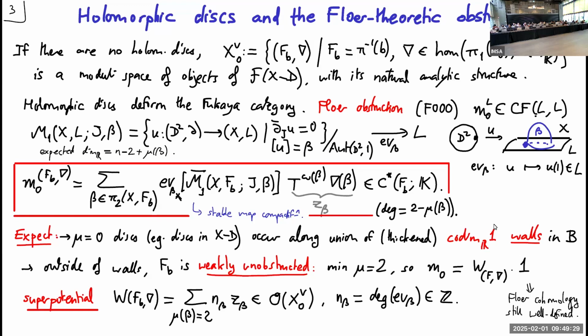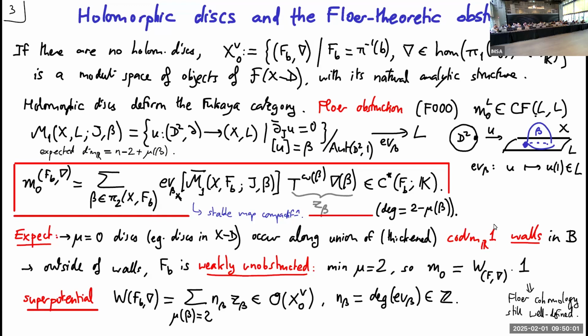The next Maslov index is 2, the ones that intersect D just once. And the count of those will give me a cochain, actually a cycle, with the minimal Maslov index of the V0, meaning actually a scalar multiple of identity. So that's the superpotential. In more direct language, the superpotential is a weighted count. It's a generating series. We record with these weights Z beta the weights of each disk.